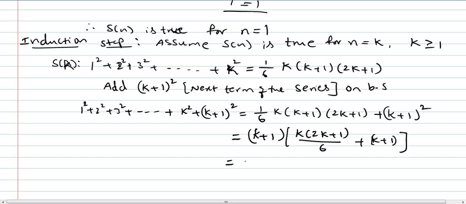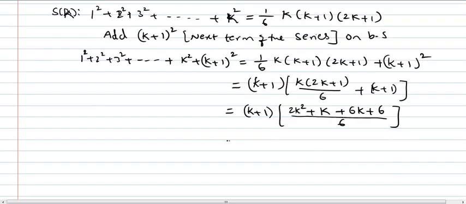Okay, then k plus 1 into, here you can cross multiply, or just multiply the numerator, and we get 2k square plus k plus 6k plus 6 by 6.